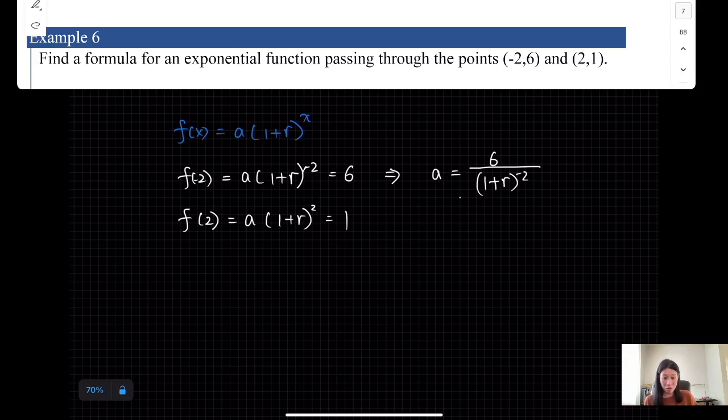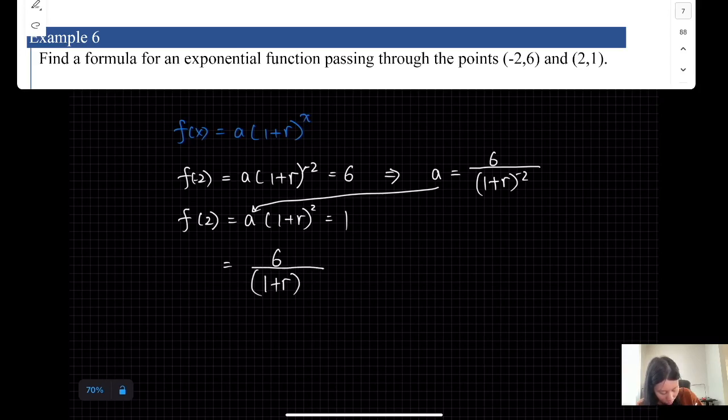And then I substitute the A into the second function here. In that case, I will have 6 over 1 plus r to the negative 2, and then times 1 plus r to the second power equals 1.